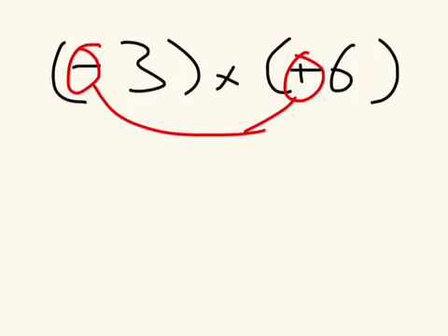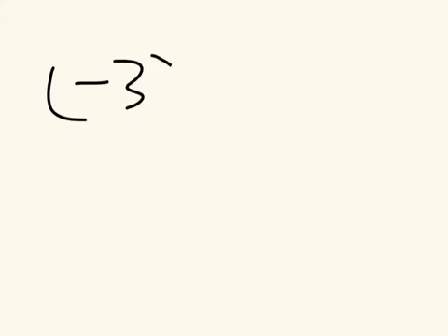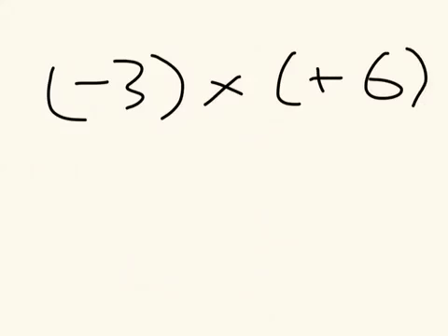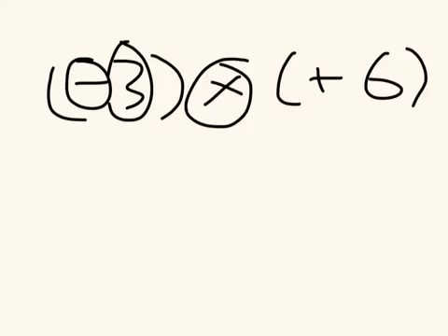So let's go back to our original example. -3 multiplied by +6. So when you're thinking about this rule, I use these three areas. This first sign, the number, and the multiplication sign. So the first sign, when we're using this rule, we think about as subtract.